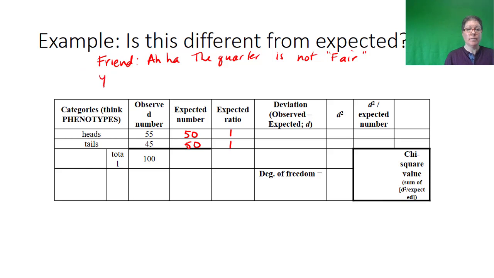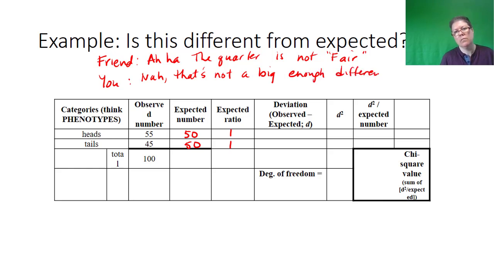You say, nah, that's not a big enough difference. That difference is just due to chance. It's fair.